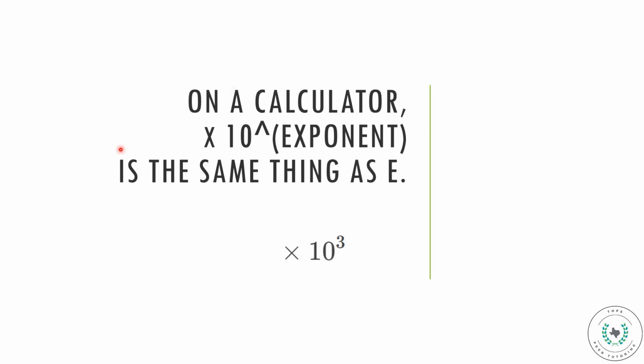Alright, here's a tip I put because I think it is a little bit important. It's a little bit clever trick that could help you. So, on whatever calculator you have, times 10 to the power of whatever your exponent is the same thing as E. So in this case, times 10 to the power of 3 is the same thing as saying E3.